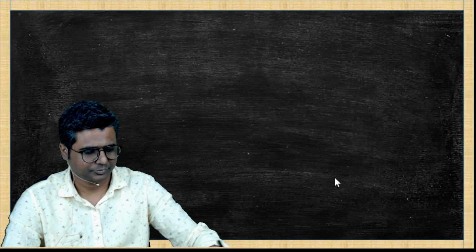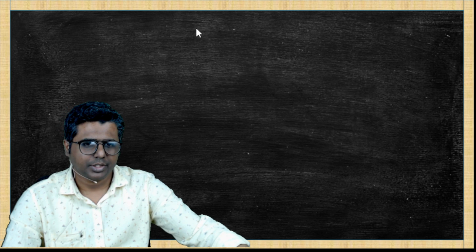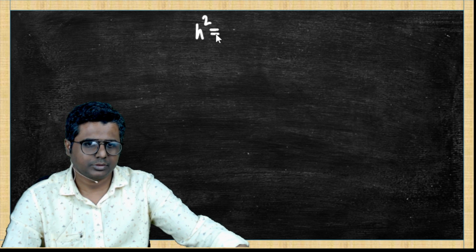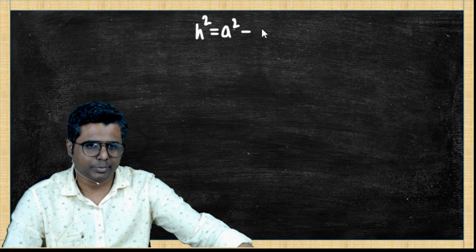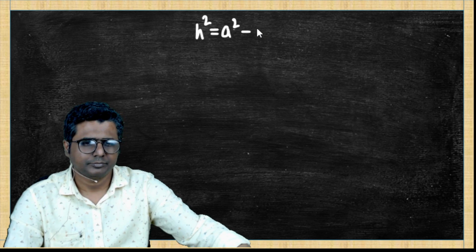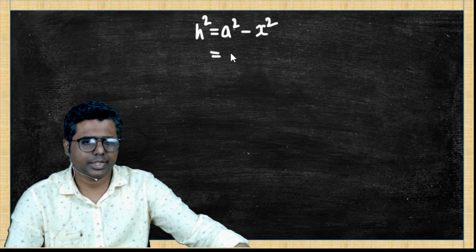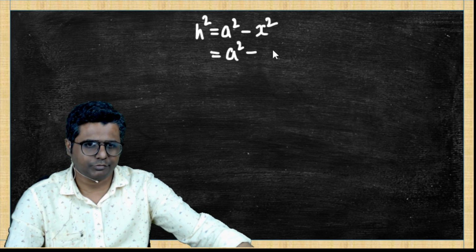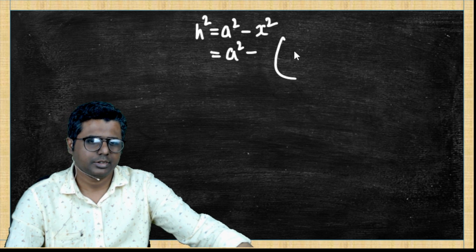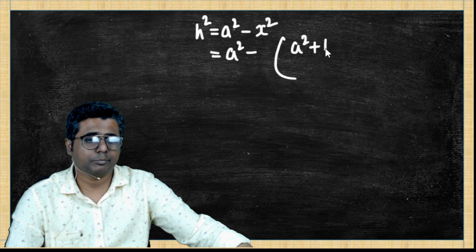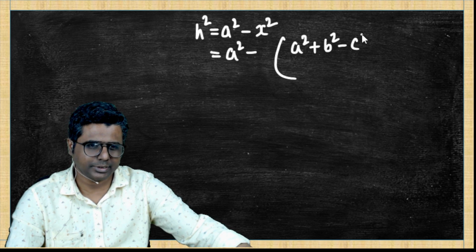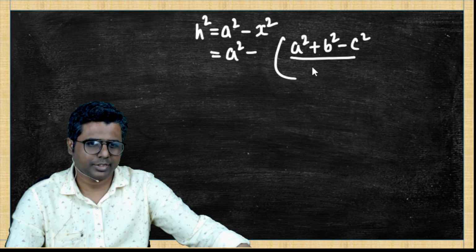So h square is equal to a square minus x square. I'll put the value of x which I have calculated: (a square plus b square minus c square divided by 2b) whole square.